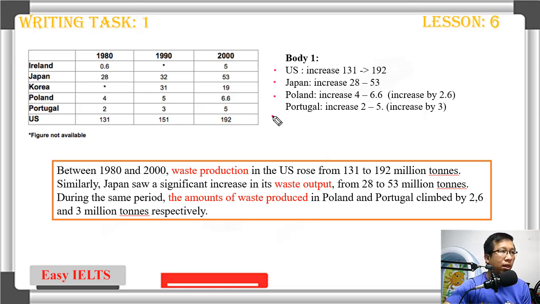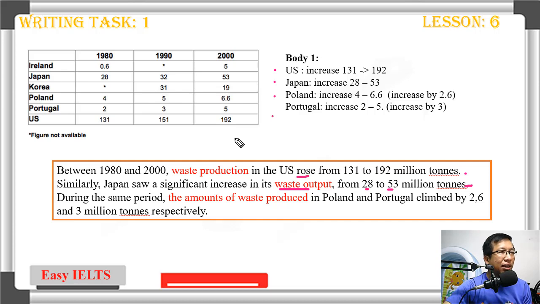And now we move on, and again now we're going to try body 1. So we can begin with: between 1980 and 2000, waste reduction in the US grew from 131 to 192 million tons. Okay, because the number is in the past, we use a past tense. Continue. Similarly, Japan saw a significant increase in the waste output. Instead of waste reduction, we use waste output, from this number to this number.